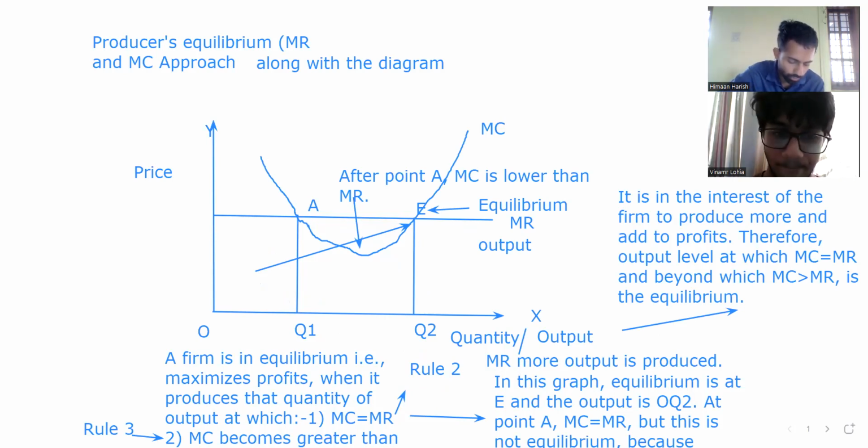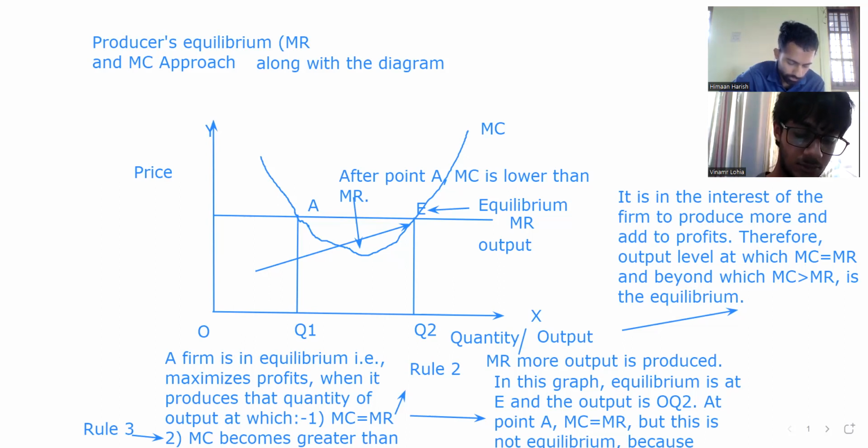So for equality of marginal cost with marginal revenue for profit maximization rather than profit minimization, it is sufficient that the marginal cost is less than the MR at slightly lower output, and that the MC exceeds MR for slightly higher output.